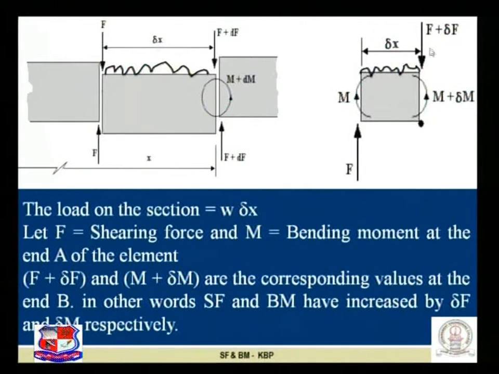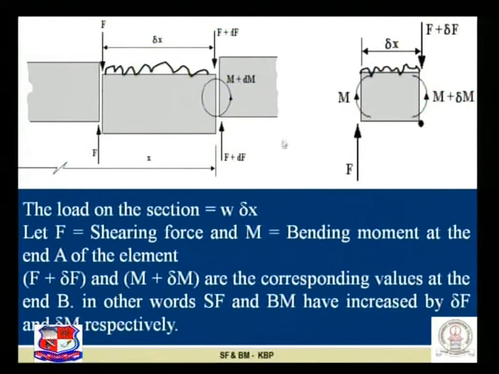So delta X is the length of the short section. M is the bending moment acting on the left side, while M plus delta M is the moment acting on the right side. If F is the shear force acting over here, then F plus delta F is the shear force acting over here.